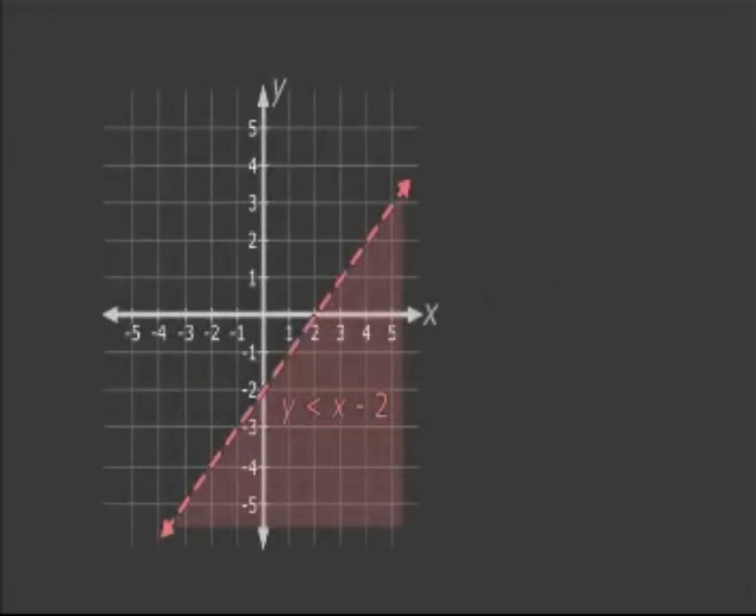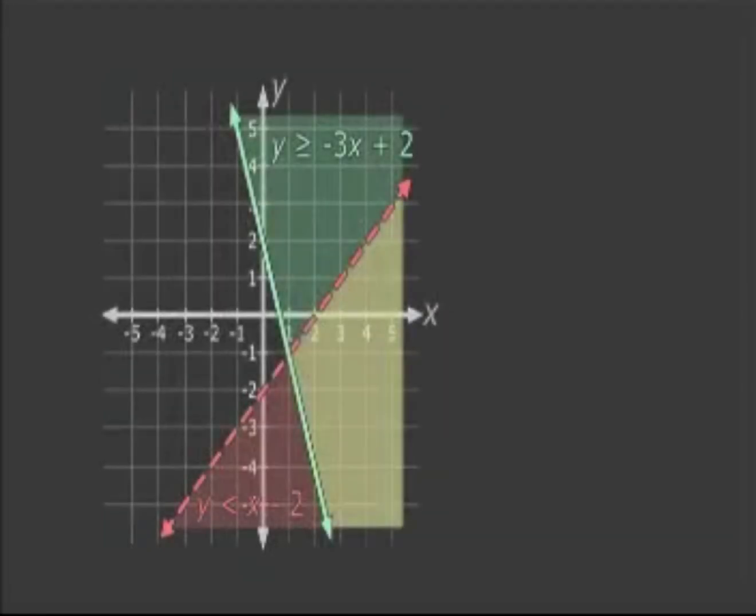Next, we draw the graph of the other boundary line that corresponds to the second inequality. The graph consists of all the points below the line defined by y equals x minus 2. Notice that the line is dotted to exclude the points marked by the line itself.